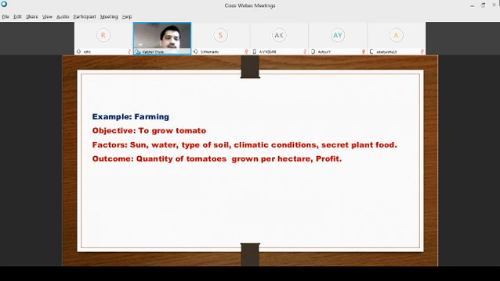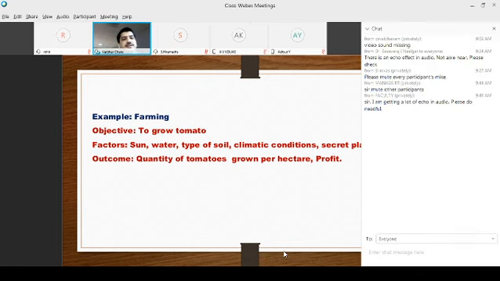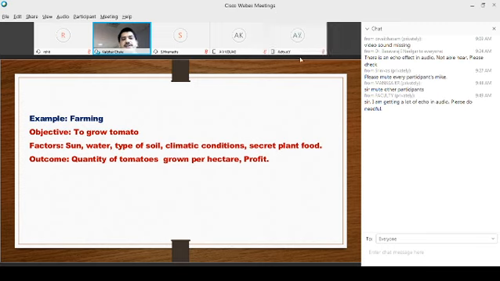So, when we are going for any work, either with respect to an experiment or research and development, the first thing we should understand is the objective. How are you going to define the objective? We need to first have the problem statement. How are you going to have the problem statement?